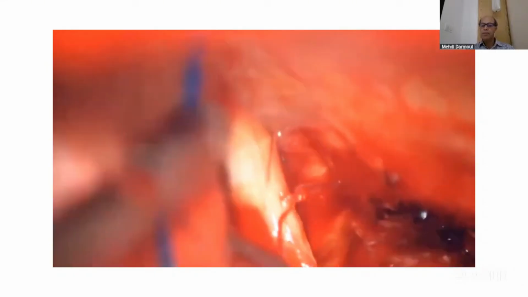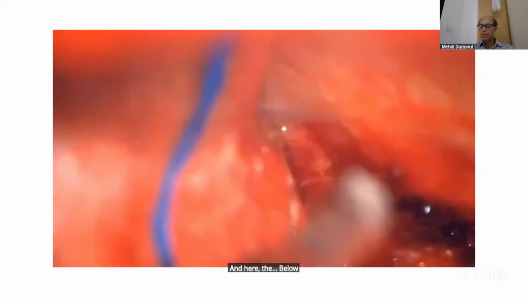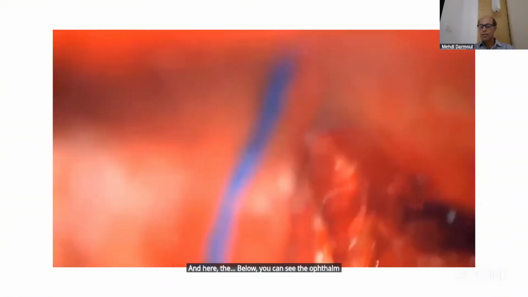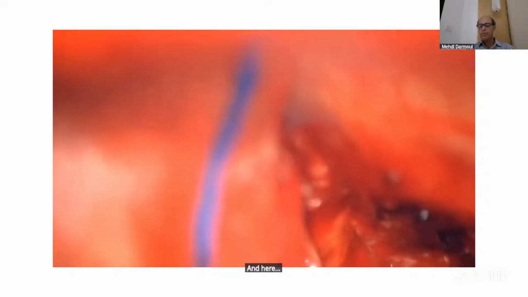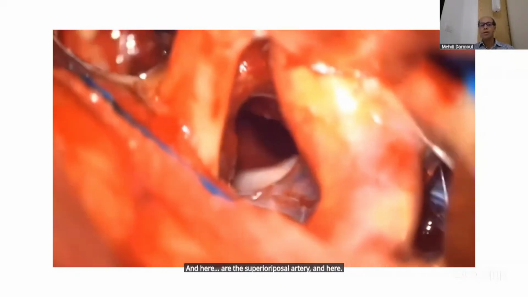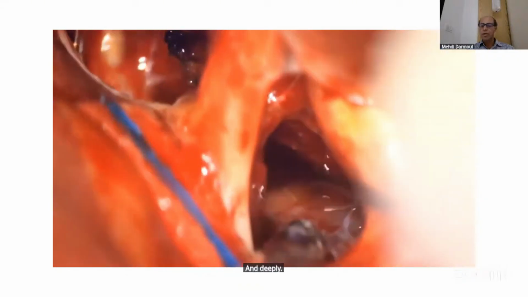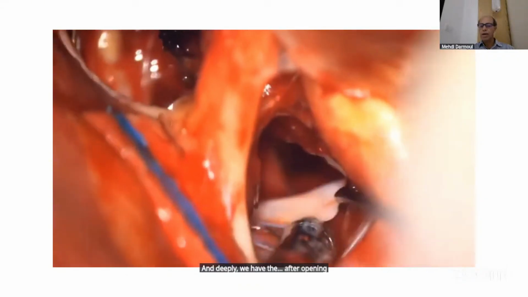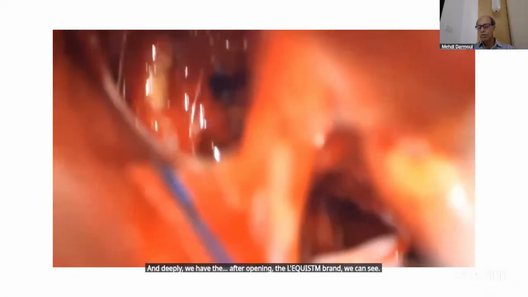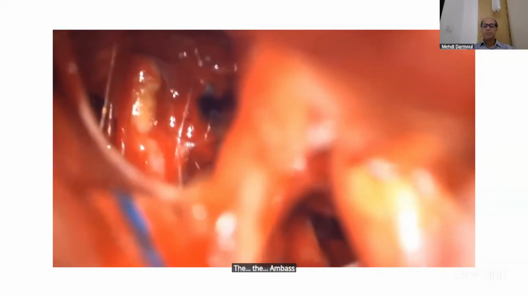Below we can see the ophthalmic artery, and here the superior hypophyseal artery, between the optic nerve and the carotid, and deeply, after opening the Liliequist membrane, we can see the basilar artery.